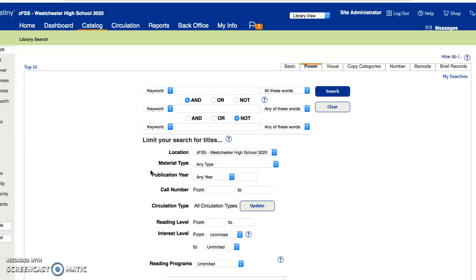So I want to make a note that we're only looking for nonfiction resources for this project. We are looking for factual things about the United States in World War II, so we only want to be looking at nonfiction materials.